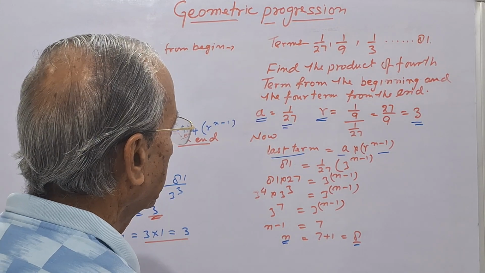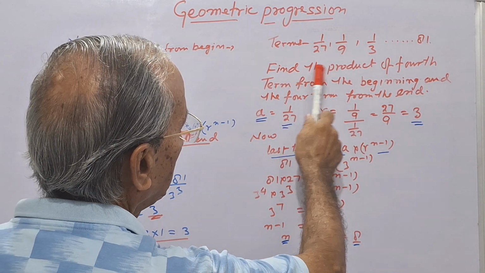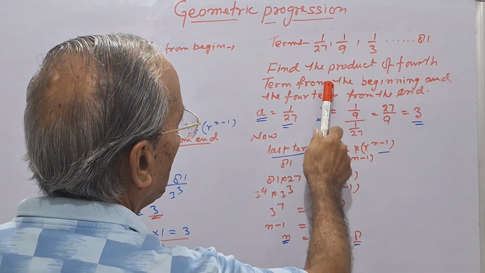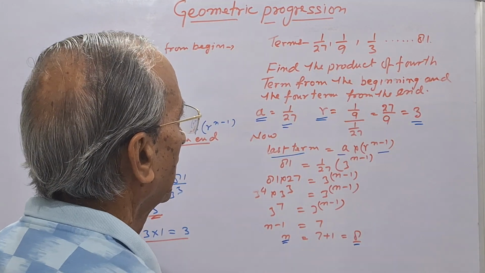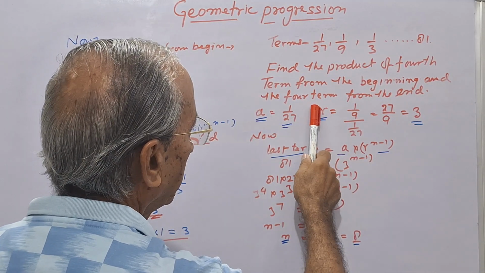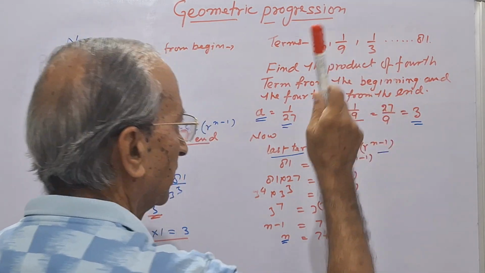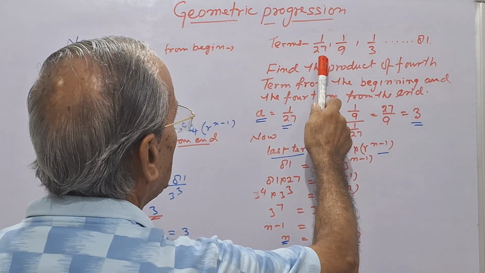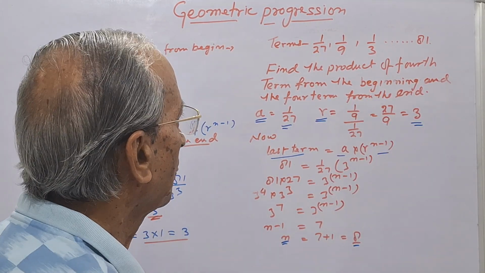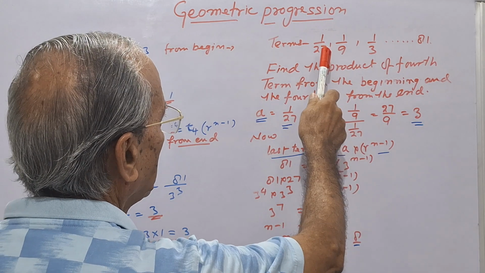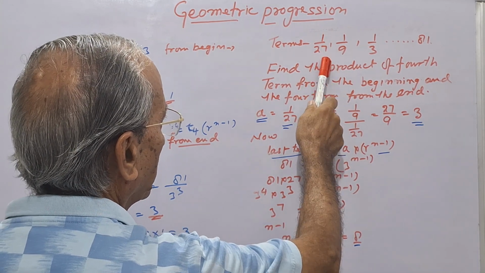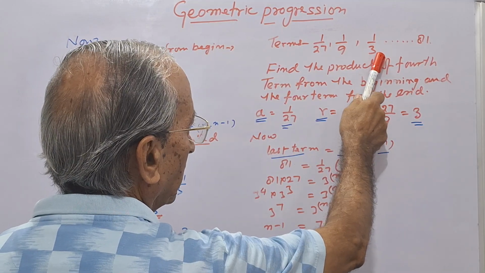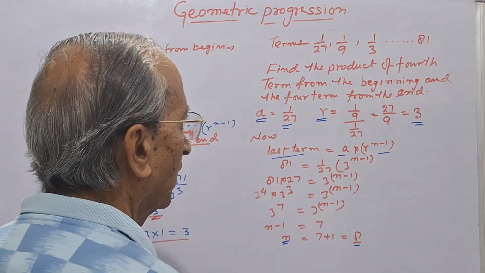Now the question is: find the product of the 4th term from the beginning and the 4th term from the end. Listen, a GP is given to you. Terms are 1 upon 27, 1 upon 9, 1 upon 3, and the last term is 81.